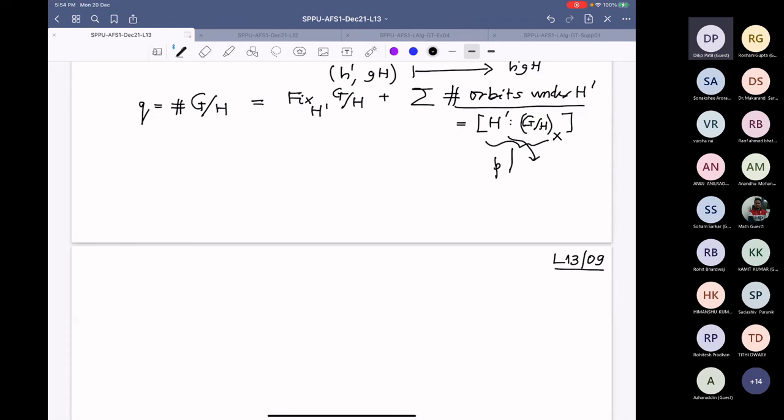And when I read this equation mod P, what will happen? So Q is congruent to the number of fixed points, and this will disappear mod P.